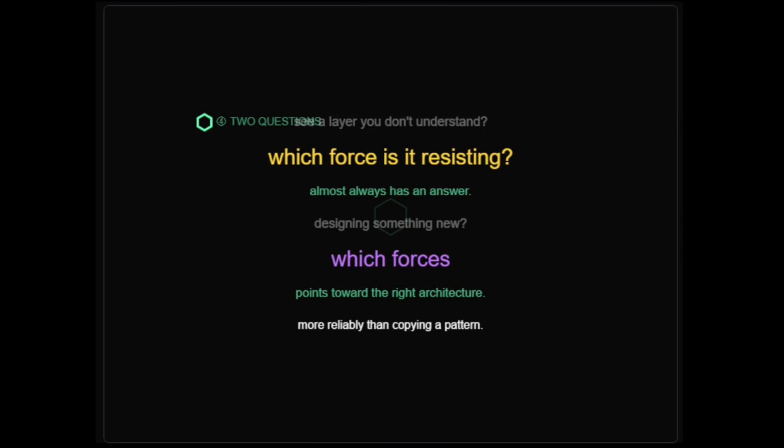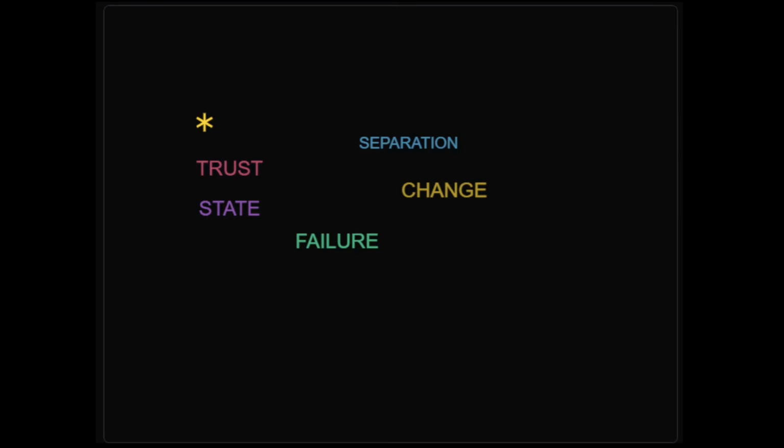The question almost always has an answer. When you are designing something new and you are not sure how to structure it, ask, which of these forces are relevant here? That question will point you toward the right architecture more reliably than copying a pattern from somewhere else.